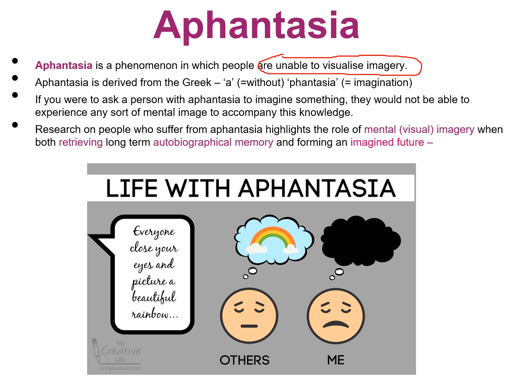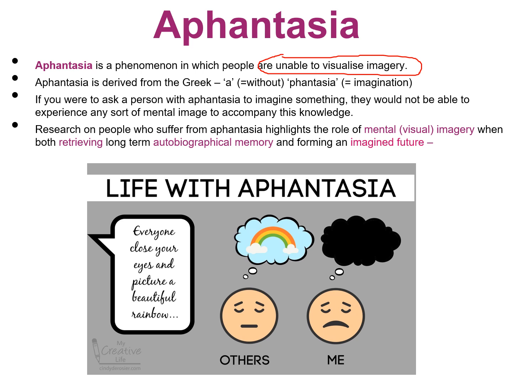And they're also going to have the same issue with creating an imagined future, which requires you to tap in to your memory and to use some visualization of semantic details, but also episodic elements that relate to time and place, people, props, etc. So they're going to have problems with either.